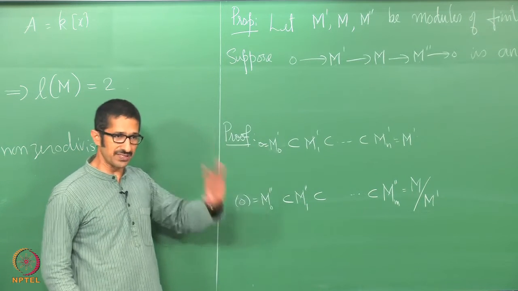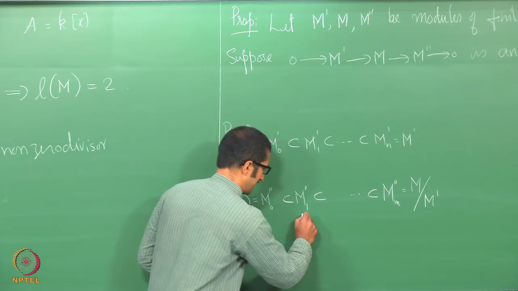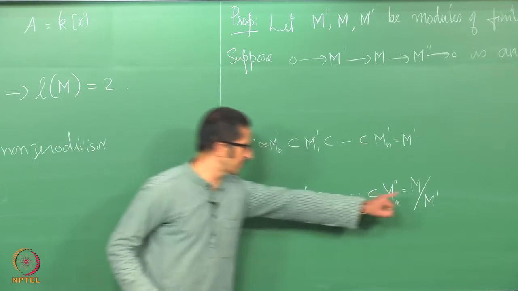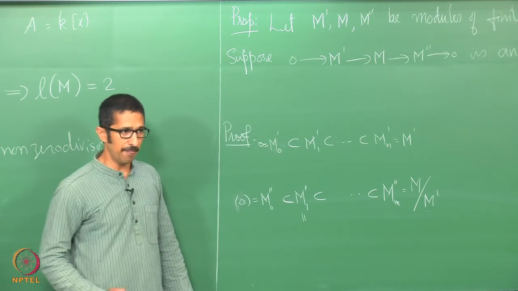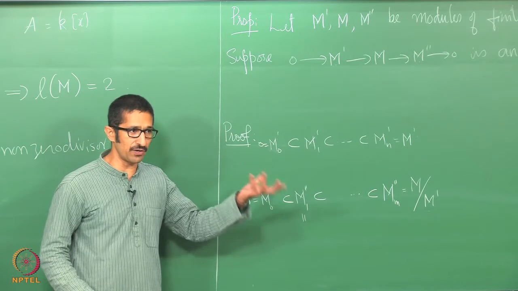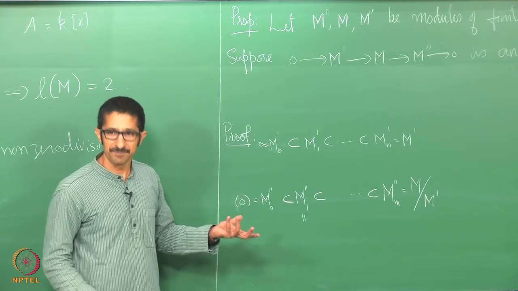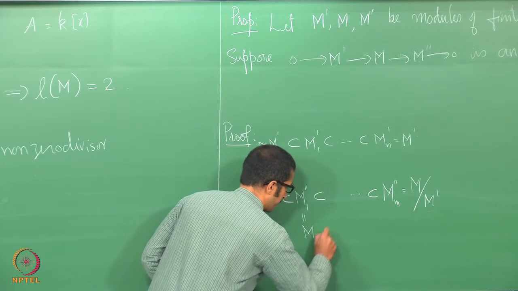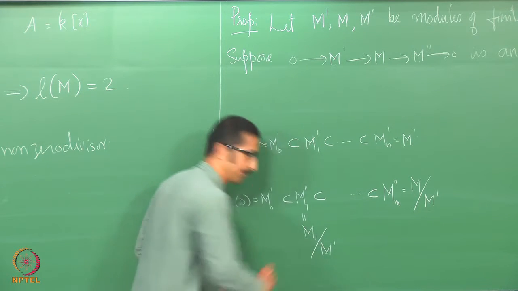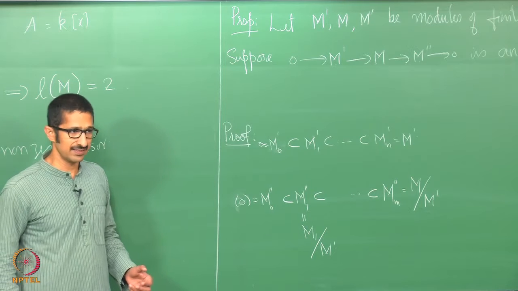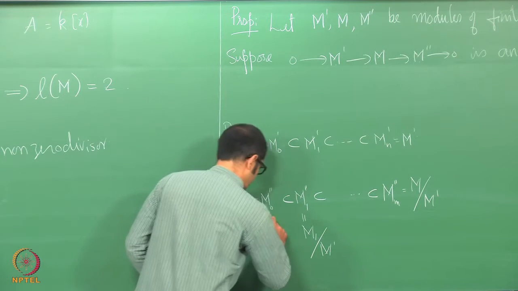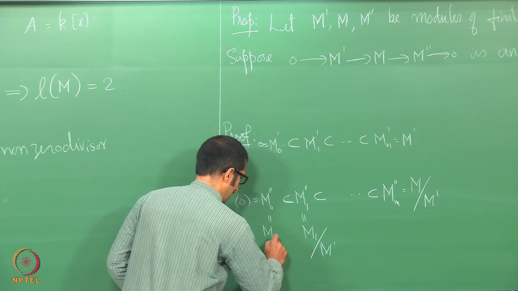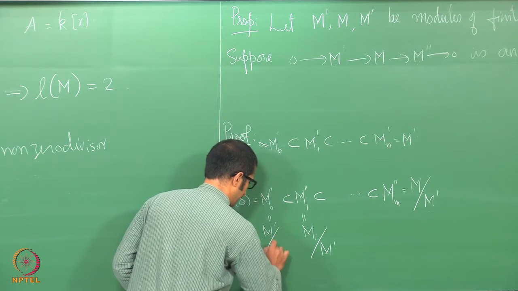Forget about composition series. How will this look like? This will be a submodule of M mod M prime. Any submodule of M mod M prime will look like something of the form M1 mod M prime. So the first one is M prime mod M prime.